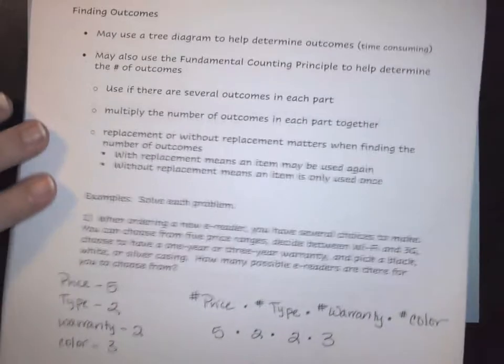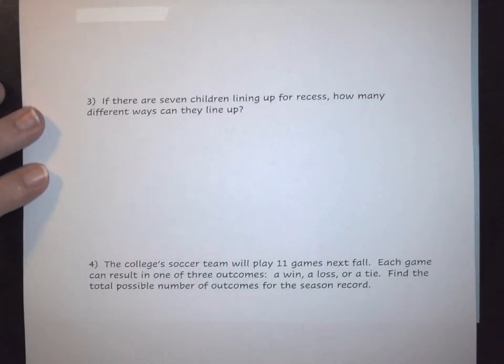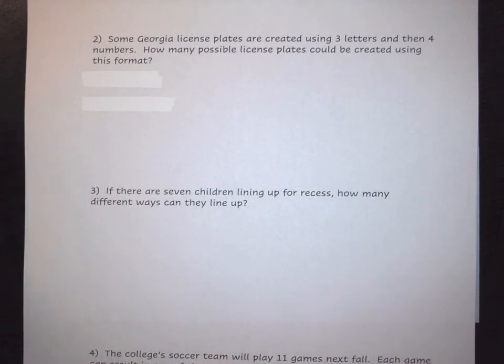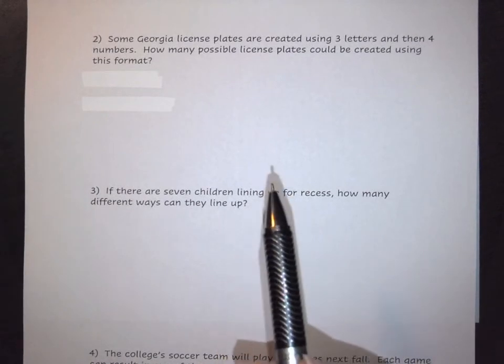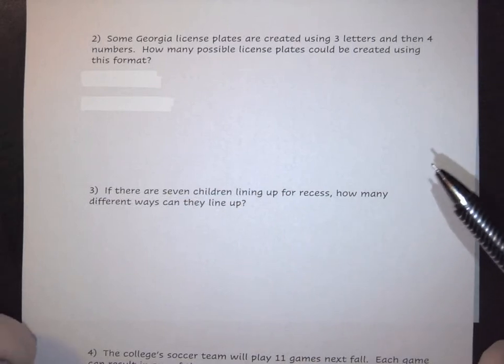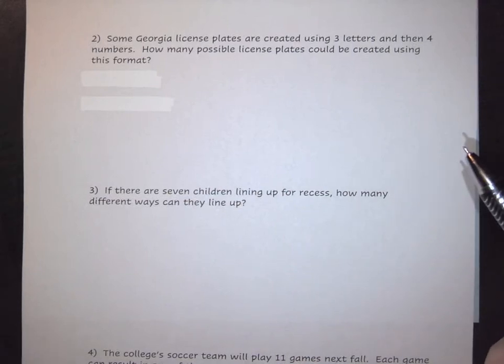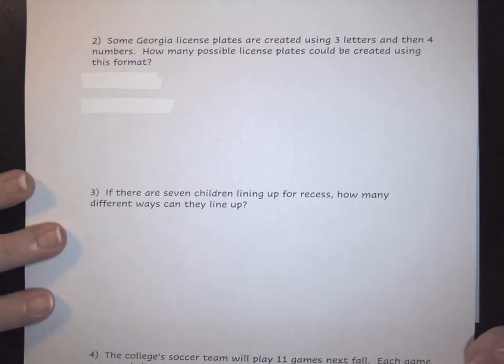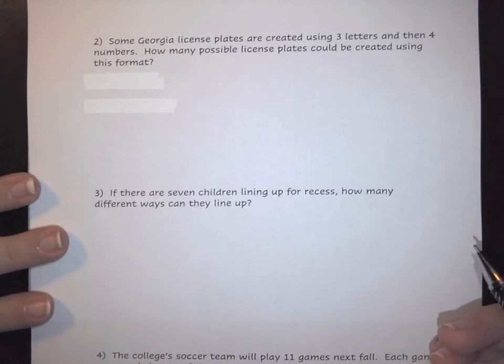Okay. So now let's look at just a couple more examples here, and I'm going to show you specifically how to break these down. So this first one says we have Georgia license plates that are created using 3 letters and then 4 numbers, and then how many possible license plates could be created using that format. So the first thing we want to do is look at the 2 options we have.